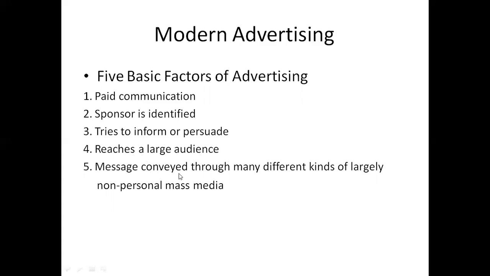And the message is conveyed through many different kinds of largely non-personal mass media. Mass media might be television, radio, print, or any other form. So these are the five basic functions of advertisement.